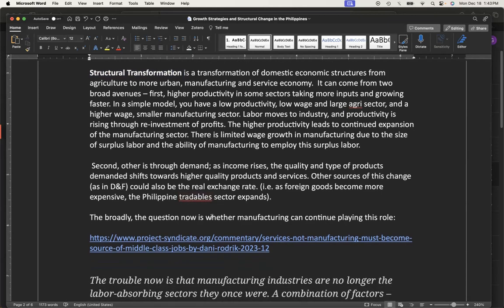One of the big questions in broader terms in development econ is whether manufacturing can still continue to play this role to have this higher wage, to be able to employ lots of labor, to enjoy increasing productivity through reinvestment of profits.